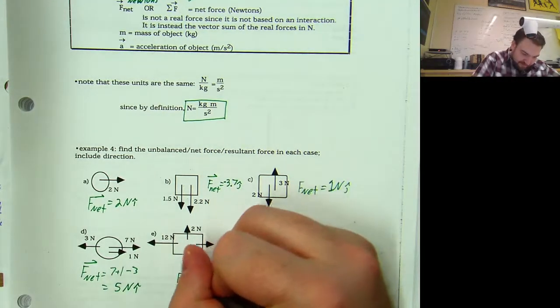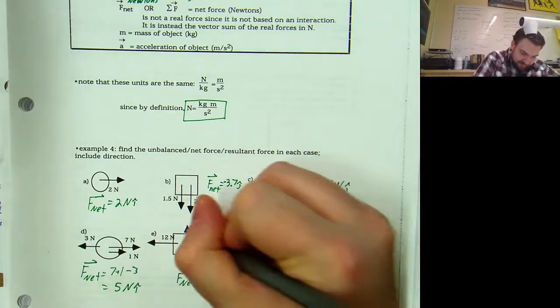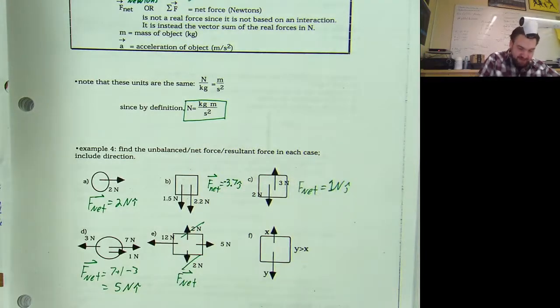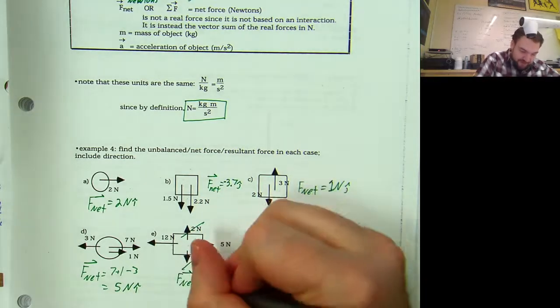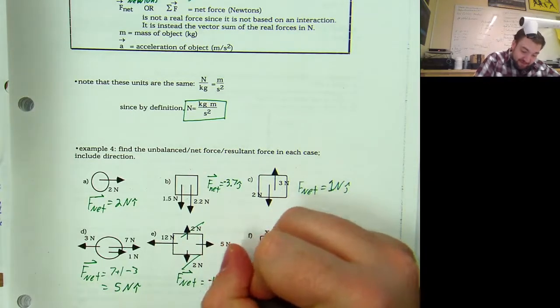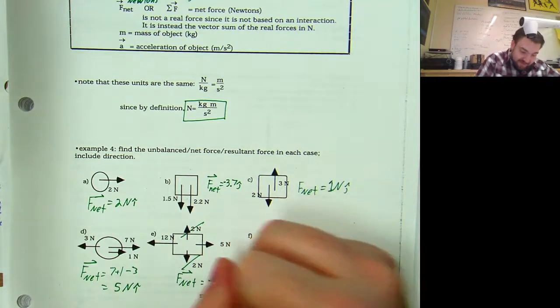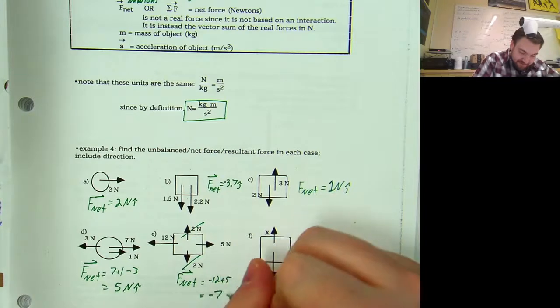My F net here, that 2 newton and that 2 newton are going to cancel out. I'm going to have negative 12 plus 5. That's going to equal negative 7 newtons I hat.